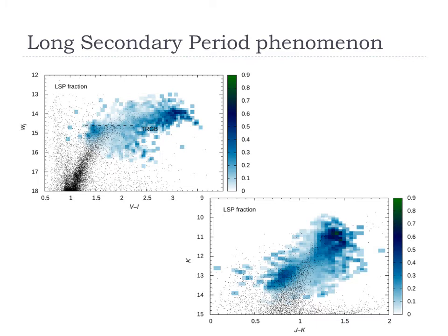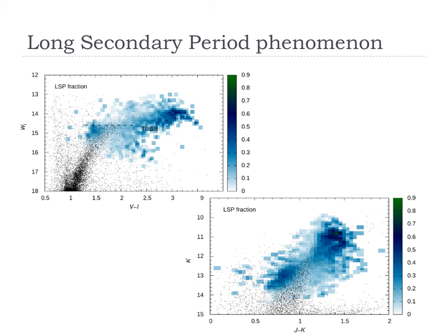Here we again see the relative distribution, the relative density of the LSP stars, so the fraction of the LSP stars in different regions of the CMD diagram. And this reveals an interesting feature, because we again see more than one local maximum.